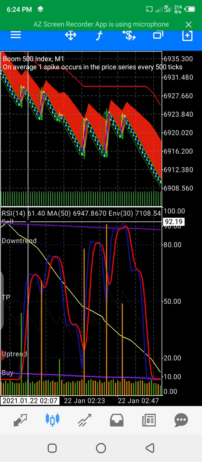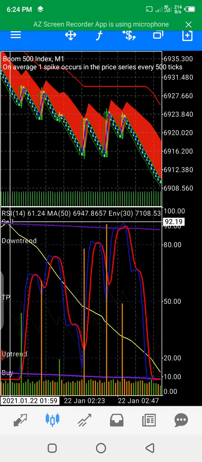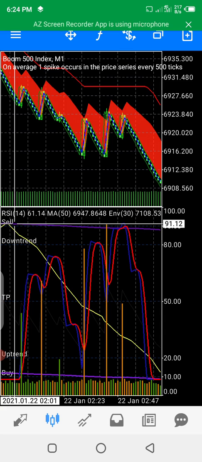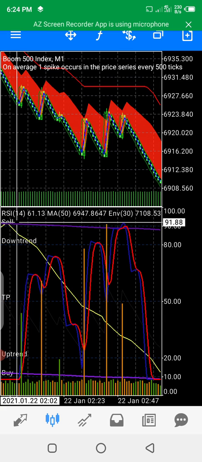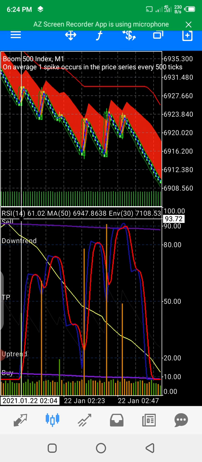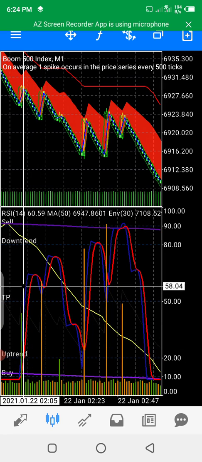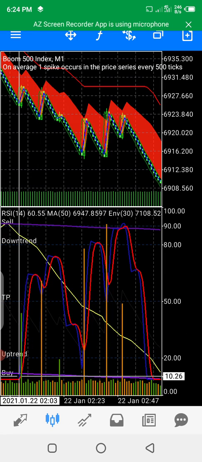So here, this yellow line touched here on the upper envelope. Look at these two lines, the blue and the red, on the indicator window.